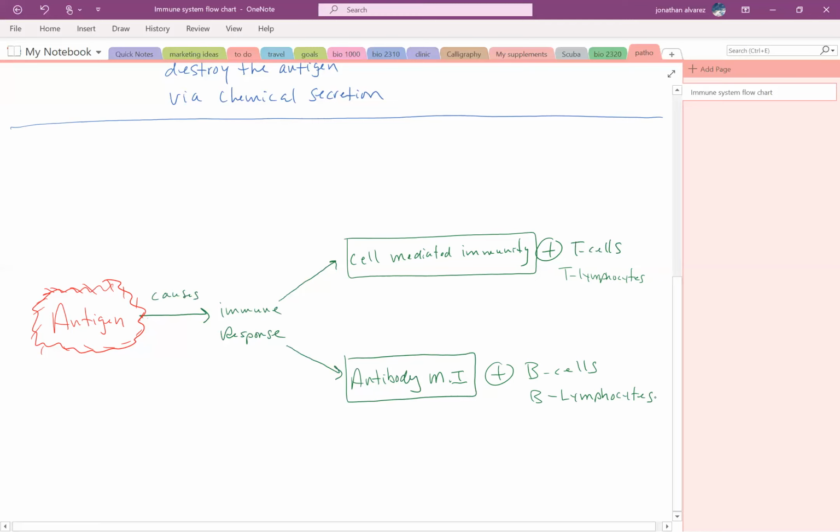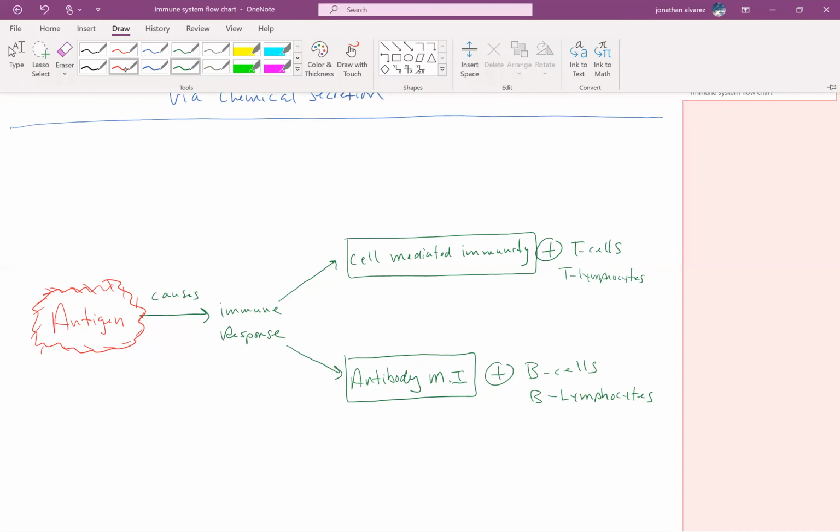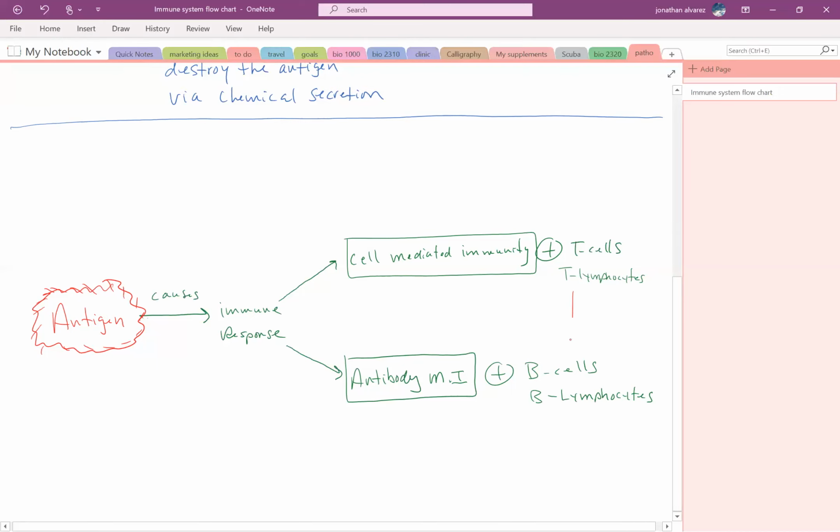All right, and then when this happens, they are in communication with each other. So T cells and B cells will communicate.